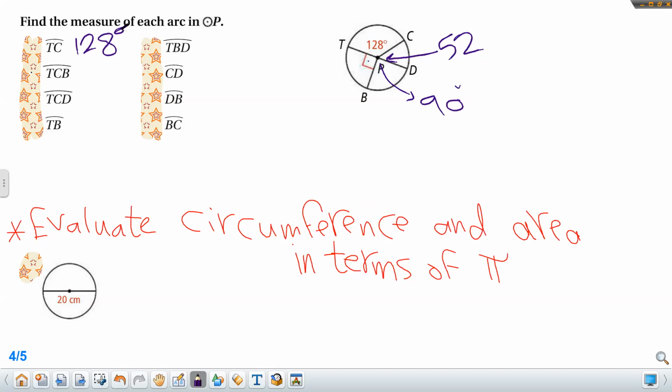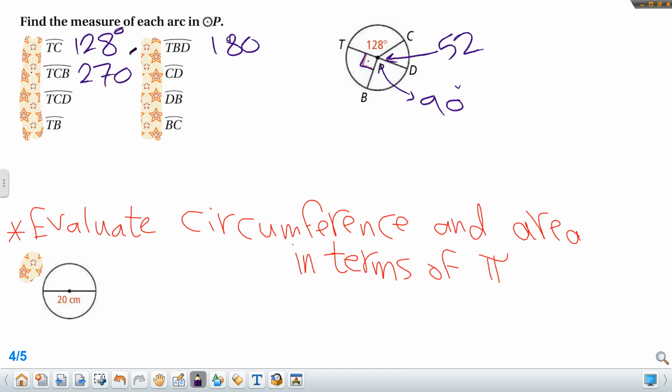TBD represents a semicircle, so its measure is 180 degrees. The next one, TCB. TCB represents all of the circle except 90 degrees, so we can say 360 minus 90 to be 270 degrees.